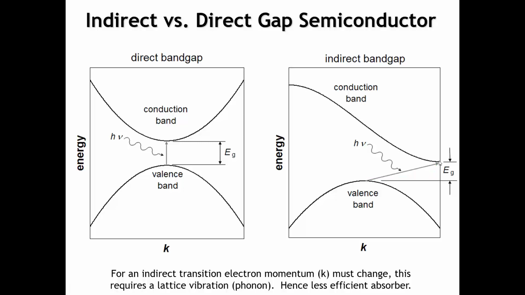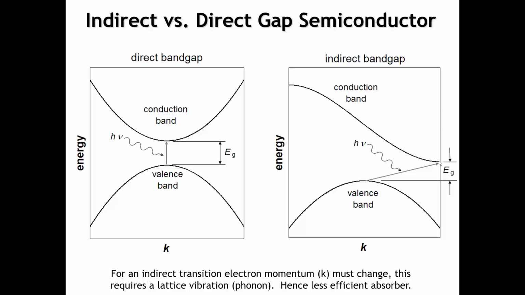And remember, we were talking about the K vector being equivalent to momentum. And what that means for an optical transition is the electron has to change not only its energy, but its momentum. And the photon doesn't have enough momentum to do this. So the change in momentum has to come from a lattice vibration, which we also can call a phonon.